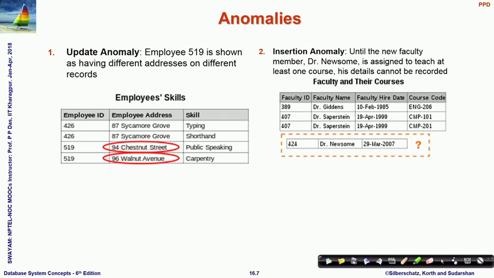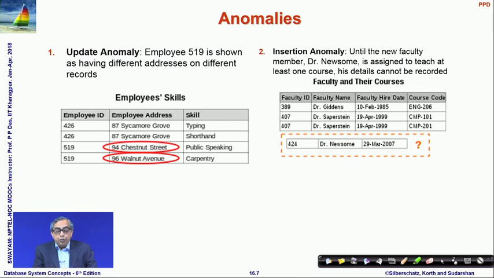Similarly, I could have an insertion anomaly, which I am illustrating with another database schema which has four attributes: faculty ID, name, hiring date and course name. Naturally, given the faculty ID, the faculty name and hire date should be unique.